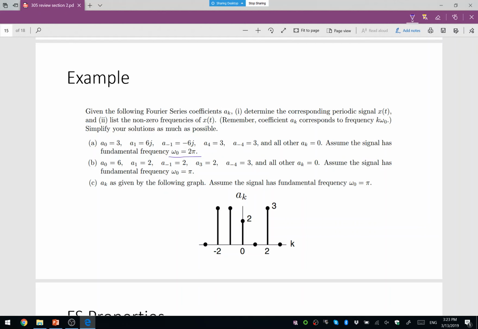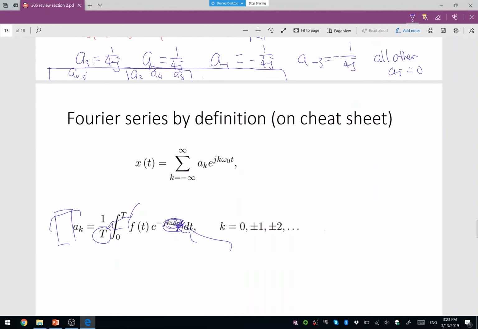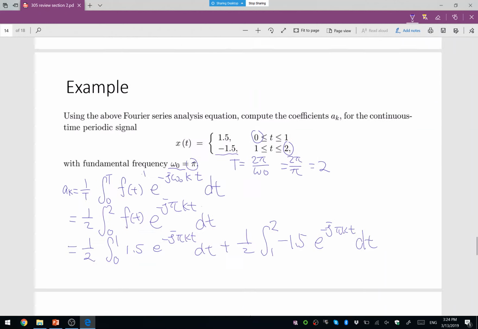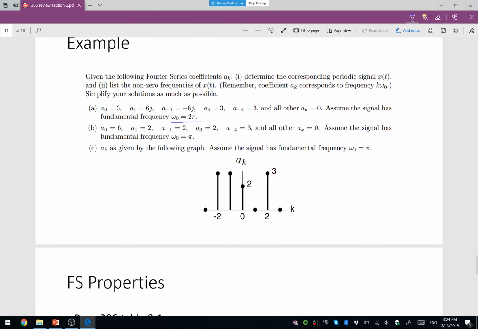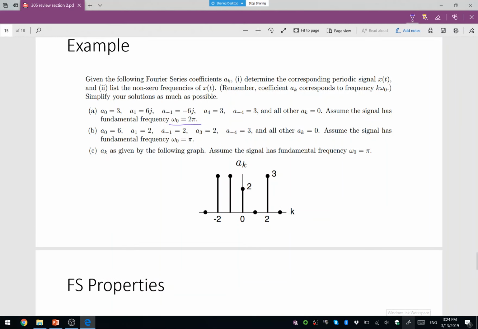What we are doing is we just want to use the equation here. Let's open up another one. I'm going to copy the first a here.